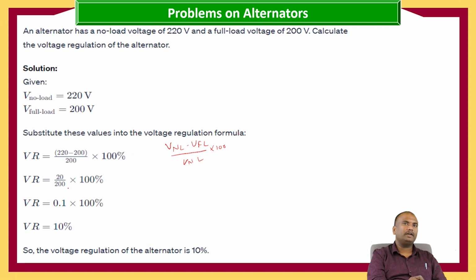That is 20 by 200 into 100, which is 0.1 into 100. That is voltage regulation, which we get as 10%. So the change in the voltage from no load to full load is 10%.